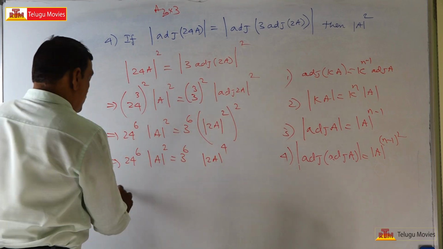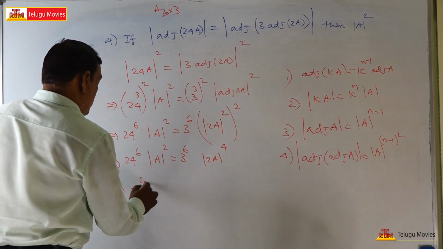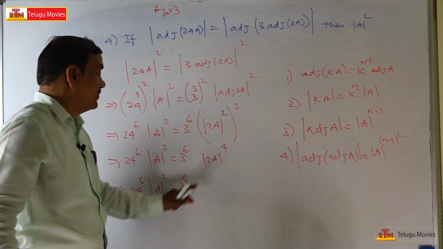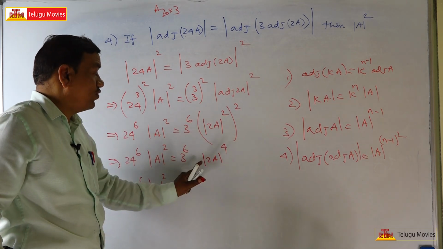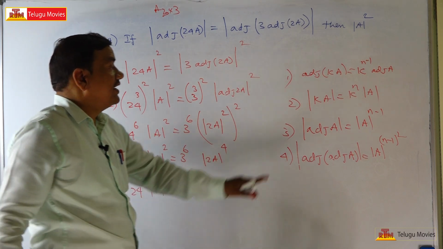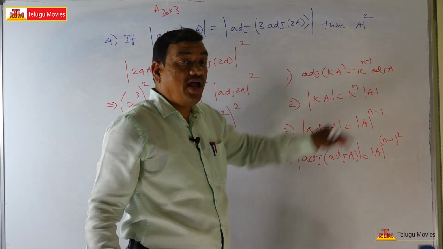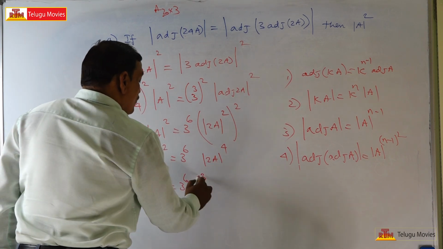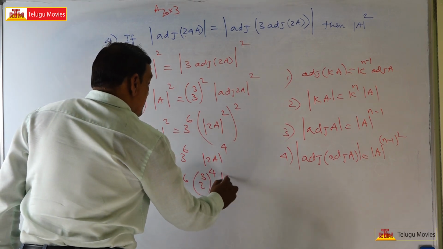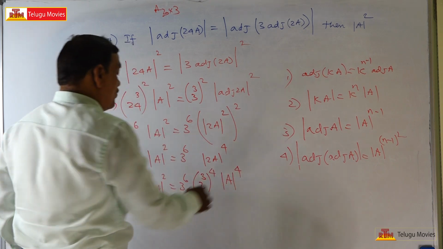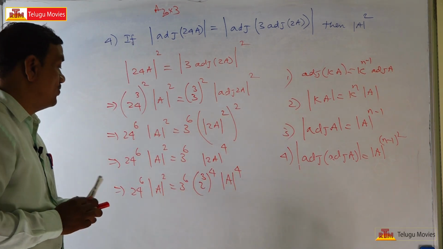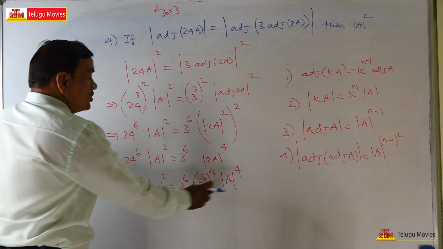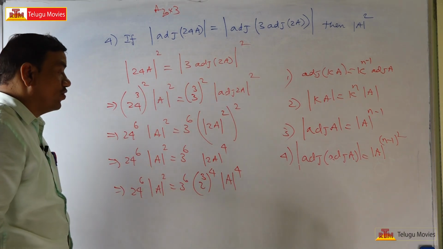Again, determinant of 2A, using K to the power n, gives 2 cube, of course whole power 4, times determinant of A whole power 4. So here we have det A whole square and det A whole power 4.